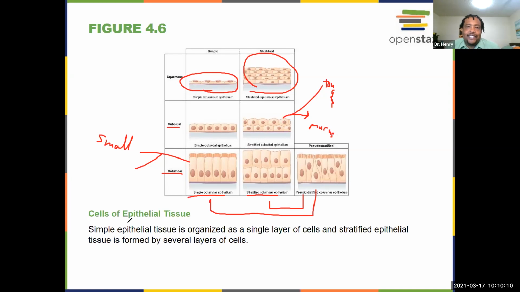No. Okay, so how does it work? So think about what you talked about. What do you think is going to be involved in this process? Communication, right? Okay, so we're talking about cellular communication, right? So that cellular communication plays a part in these lineages, in what type of tissue you're going to form, right?